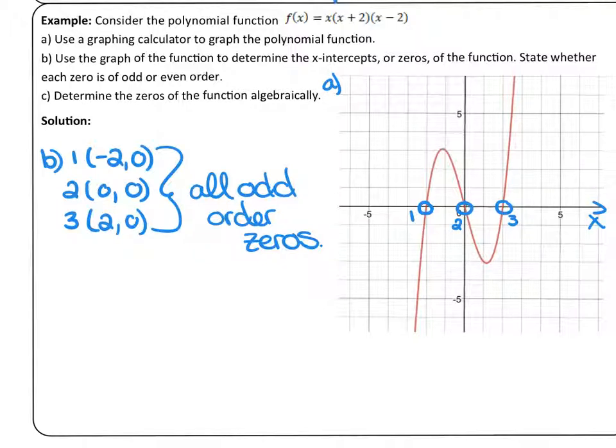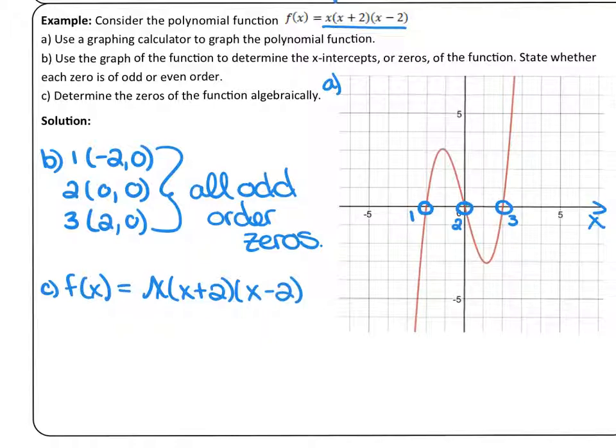And the last question: determine the zeros of the function algebraically. This is the one thing I wanted to show you. Once we have it in factored form, I'm going to write it down here again: f of x equals x times (x plus 2) times (x minus 2).